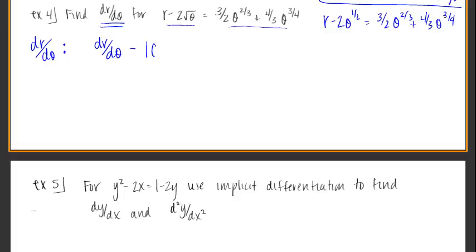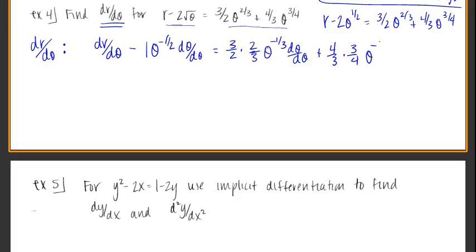So it'd be 1 theta to the negative 1/2 d theta, is equal to, let's just write it like this, 3/2 times 2/3 theta to the negative 1/3 d theta plus 4/3 times 3/4 theta to the negative 1/4 d theta.